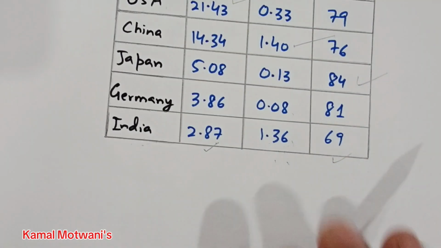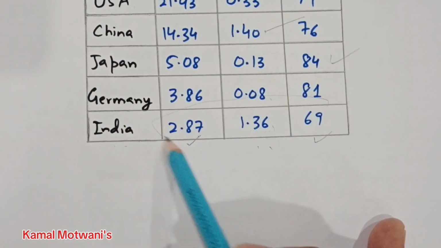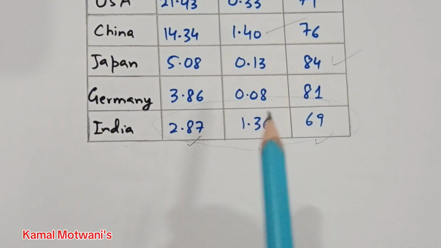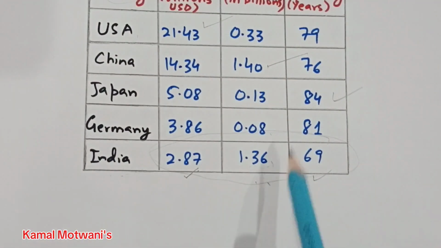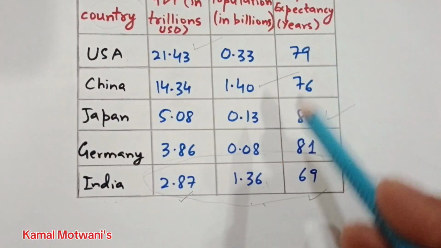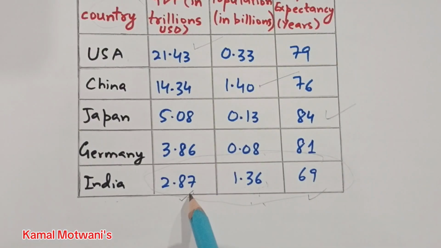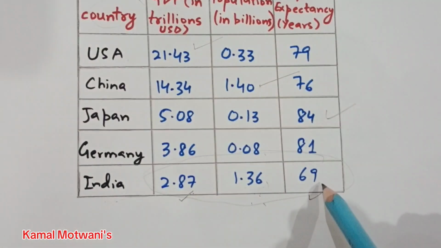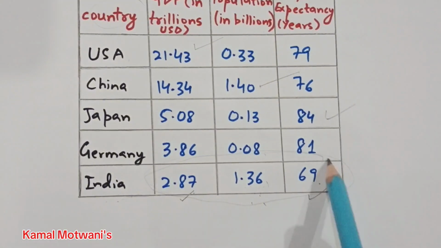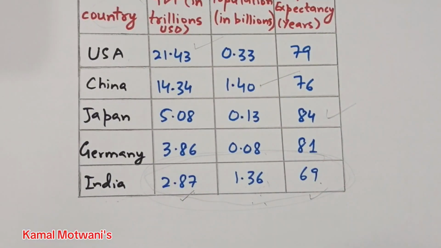So, see, this is the major variation in this table which we have narrated. Despite India having the second largest population, it has the lowest GDP and the lowest life expectancy years. So this is the major variation which we have to highlight. This is how the major variations in the overview are written.